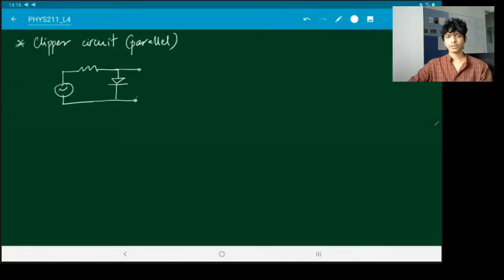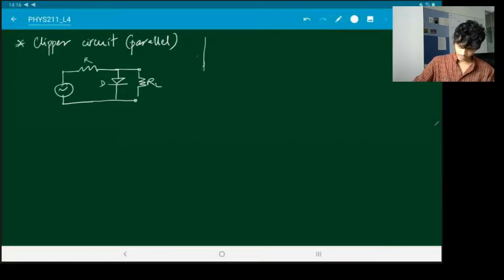This is what the circuit looks like, and we are going to measure the output across these two terminals. I'm going to put a load resistance over here. So we have a diode D and a resistance. Let's put the input signal over here, Vin, which is sinusoidal.